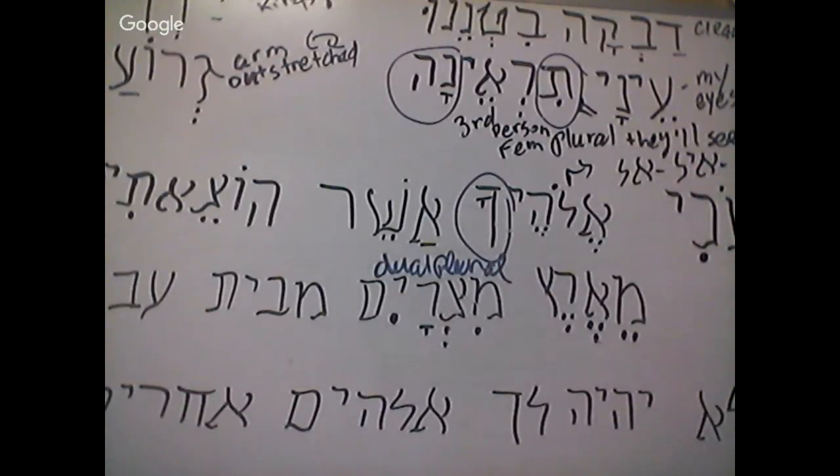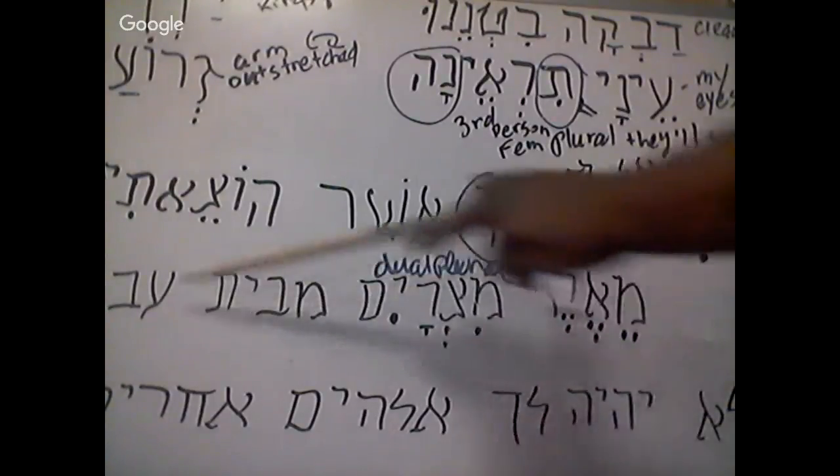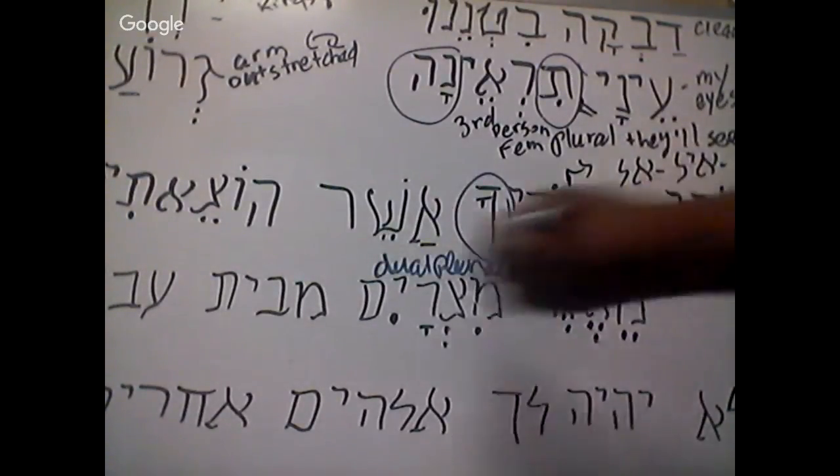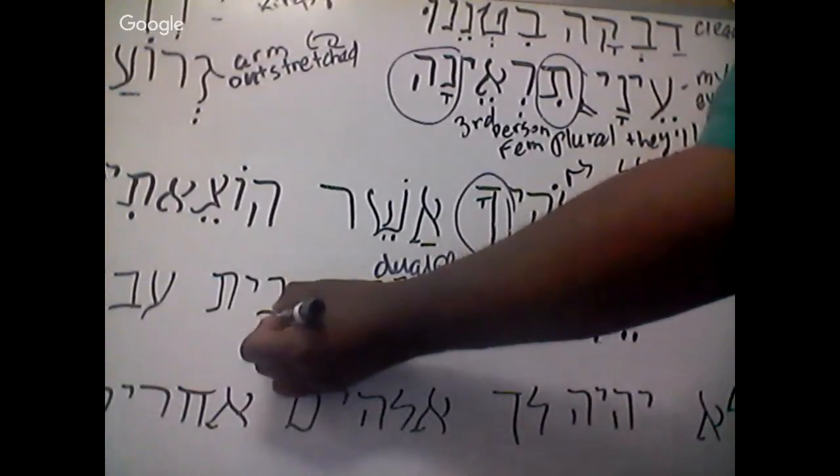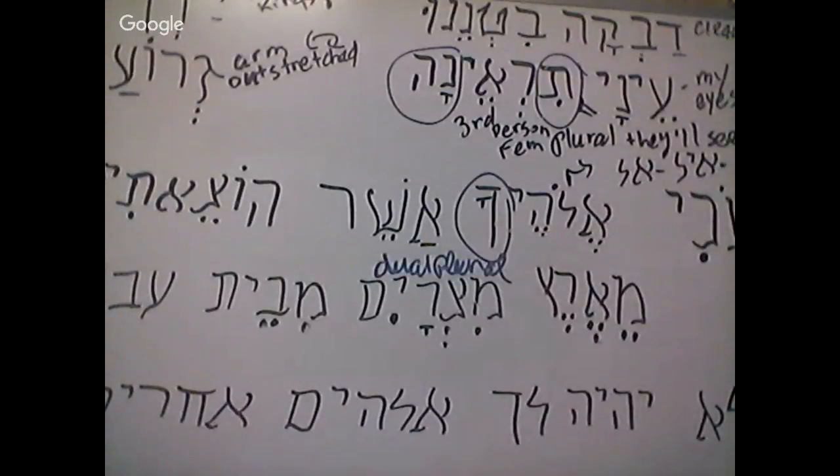You understand? So this is what we want to talk about for edification purposes. All right, let's go on. Me'eret mitzrayim, beit abadim. All right? Beit, from the house of. Beit abadim.